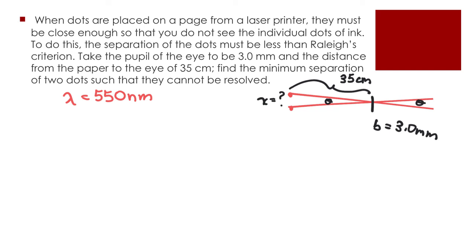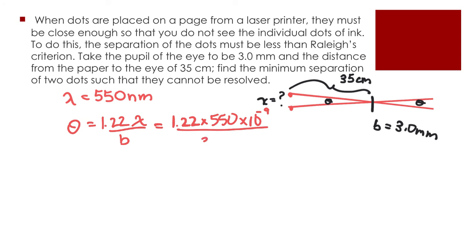So let's first figure out what we can using our equation. We have a circular aperture, so we're going to use the one that has theta equals 1.22 times lambda over b. I'll put my numbers in here, with our lambda being 550 nanometers, writing them in meters because we need the units to cancel out, and the opening of our eye, and I have 2.24 times 10 to the minus 4 radians.